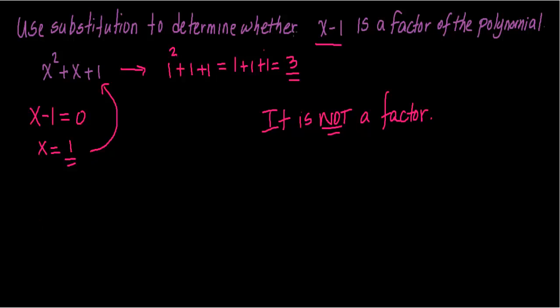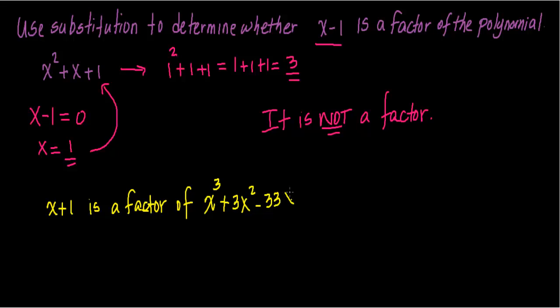Okay, let's do another example. For my second example, we're going to try and figure out if x plus 1 is a factor, if x plus 1 is a factor of x cubed plus 3x squared minus 33x minus 35.